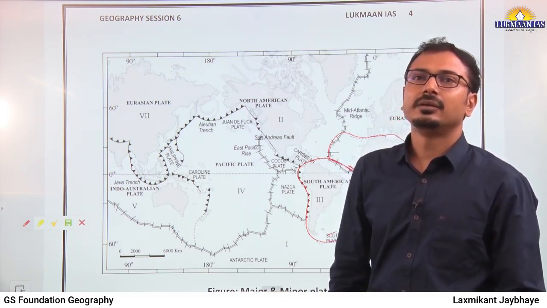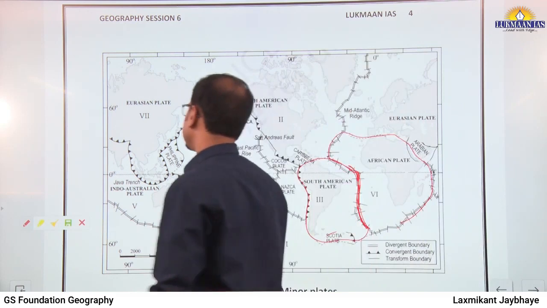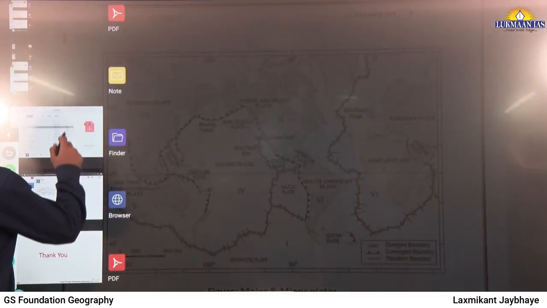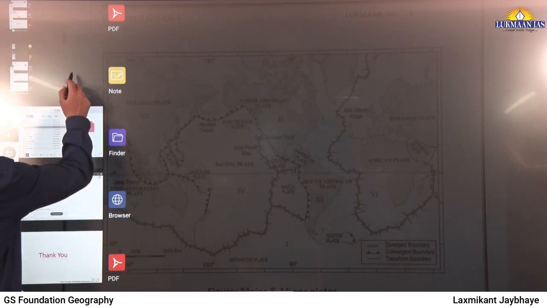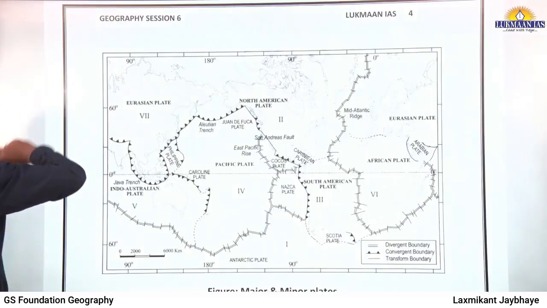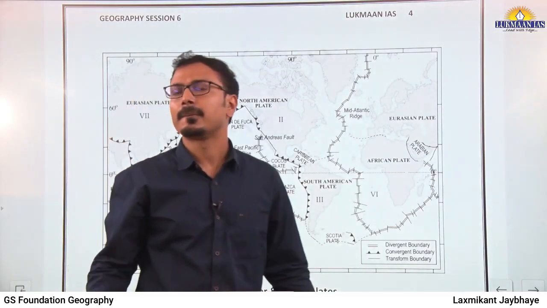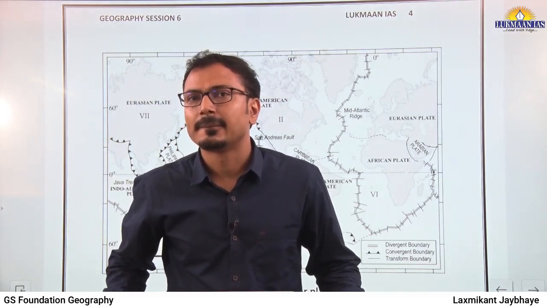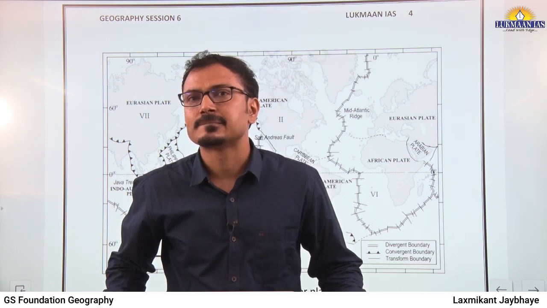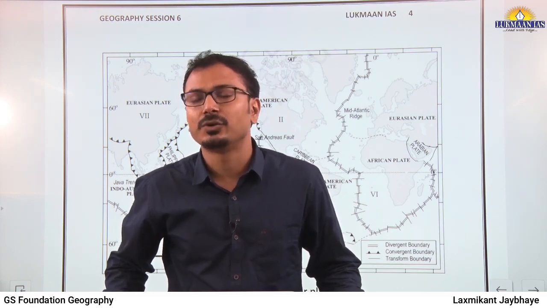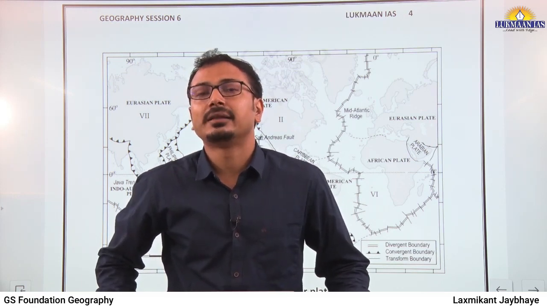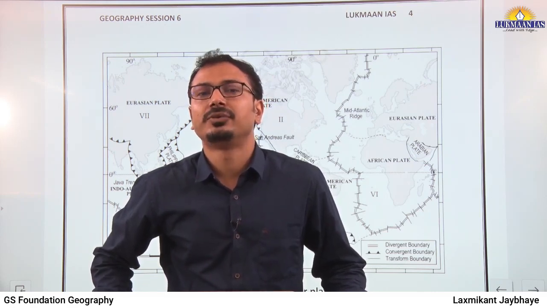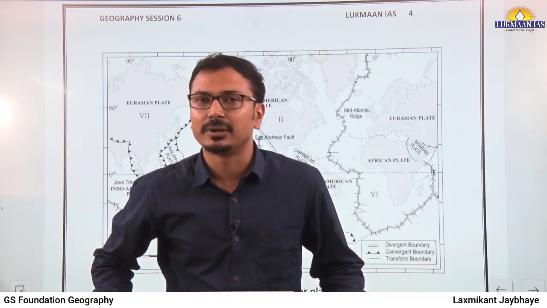Now after understanding this one type of plate boundary, the oceans seem to have formed between the two continents because of this seafloor spreading, happening at the boundary of these two plates because of the divergent nature of this boundary.